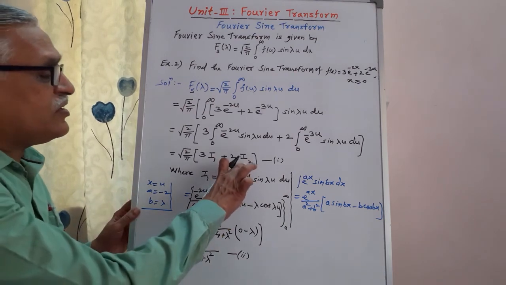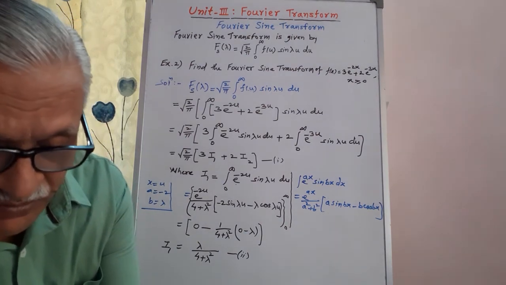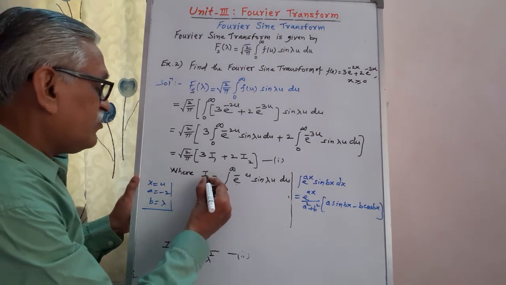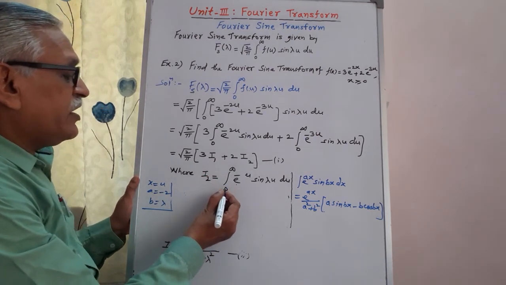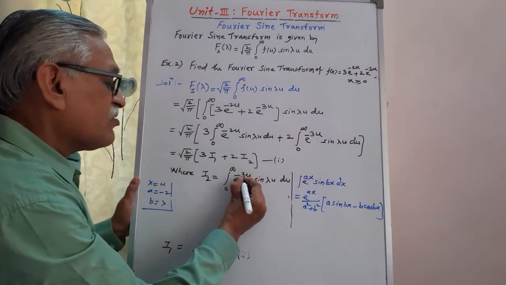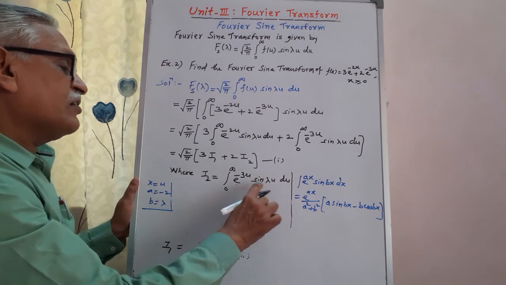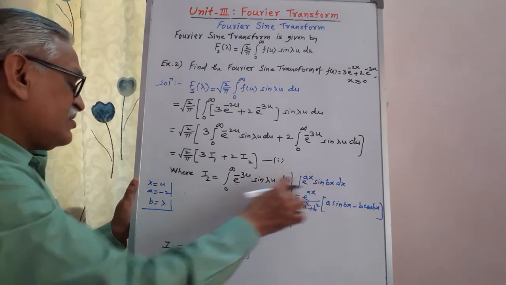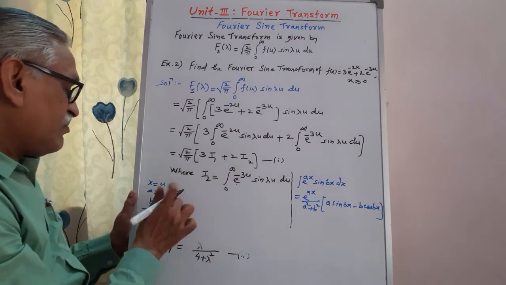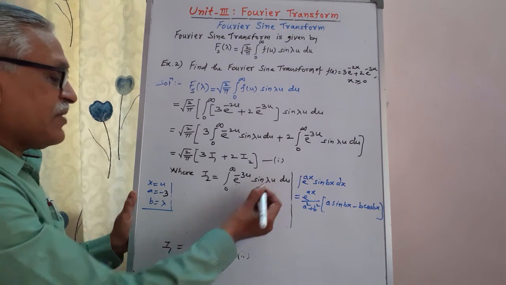Similarly, we find I2. I2 is equal to integral from 0 to infinity e raised to minus 3u sine of lambda u du. Again, comparing this integral with the standard integral, we get x as u, a as minus 3 and b as lambda.